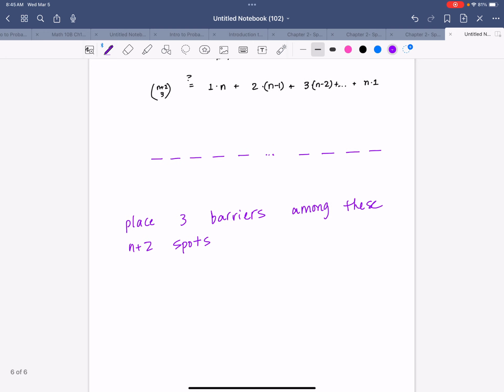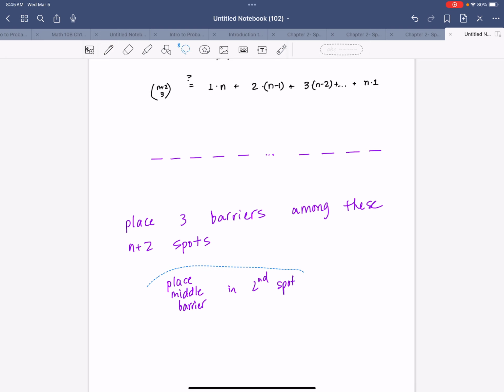And the way you count it is you can say, hey, I'm going to organize the number of ways to place the barriers by where I place the middle barrier. So place middle barrier, because if you have 3 barriers, then you've got a left barrier, a right barrier, and a middle barrier. So place a middle barrier in the second spot. Okay?